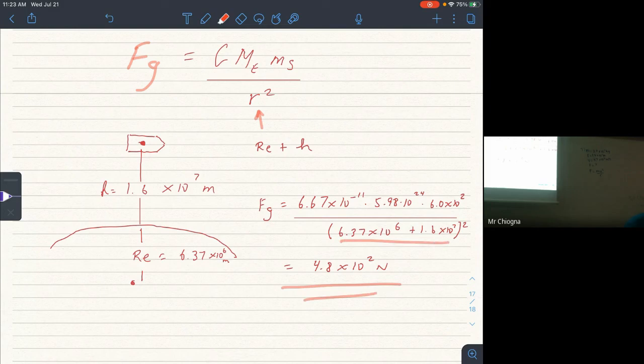Don't forget, add the radius to the height, and convert kilometers to meters by multiplying by 1,000.